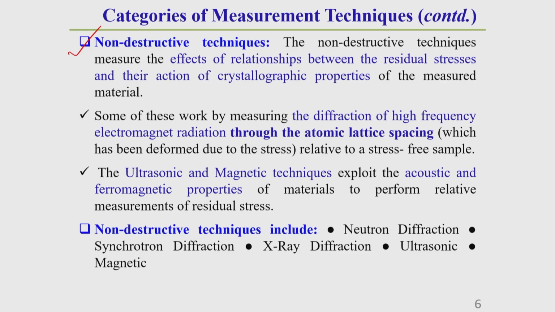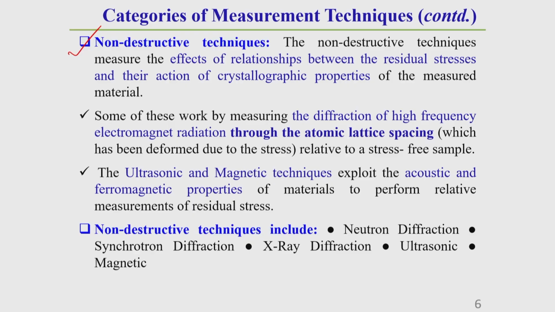After that, by comparing the diffraction of electromagnetic radiation for the specimen with residual stress and without residual stress, we can easily predict how much residual stress there is. So, here generally we use diffraction of high frequency electromagnetic radiation, which occurs through the atomic lattice spacing. This you should keep it in mind. So, I will discuss this in detail in a subsequent slide.